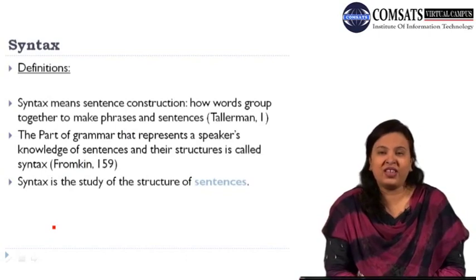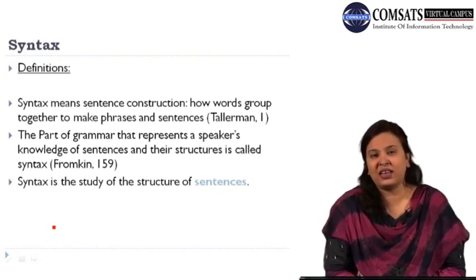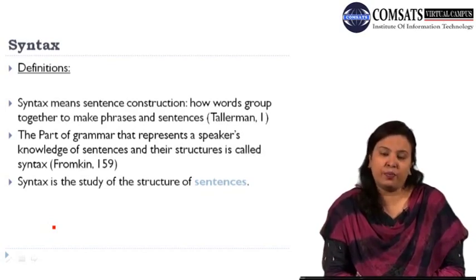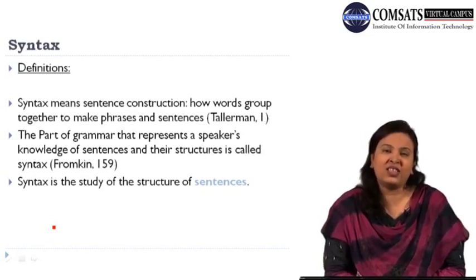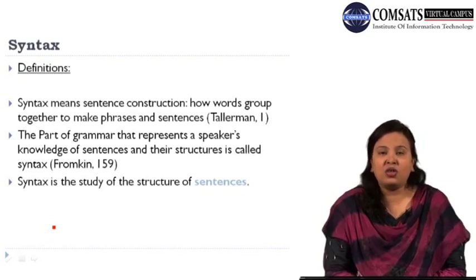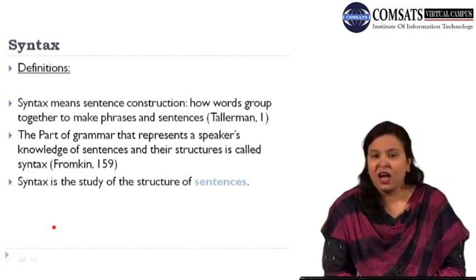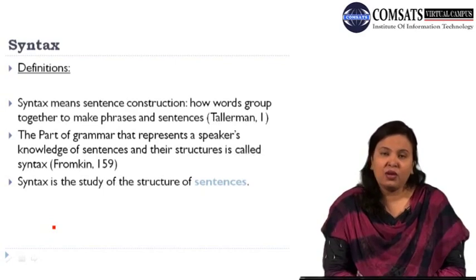We have some more valid definitions of syntax. Syntax means construction, that is, sentence construction. With the help of syntax knowledge, we are concerned with how sentences are constructed and developed to create certain meanings.